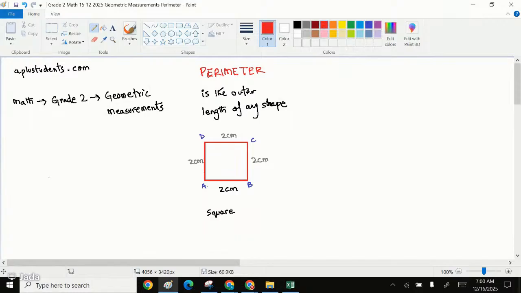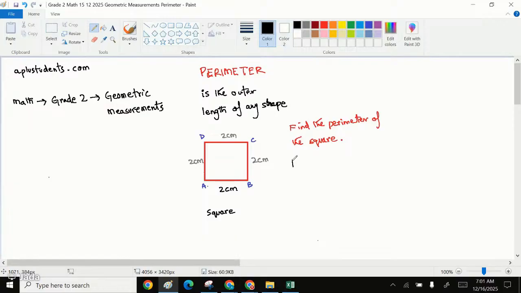If we have to find the perimeter of the square, the question says find the perimeter, okay? Perimeter of the square. That means we need to find the outer length of the shape.